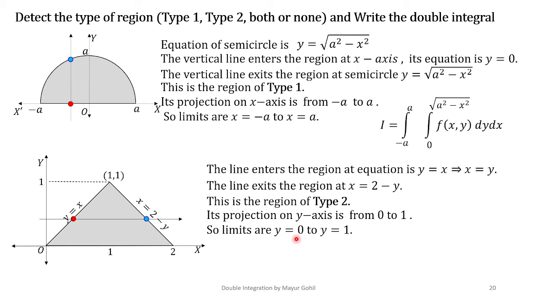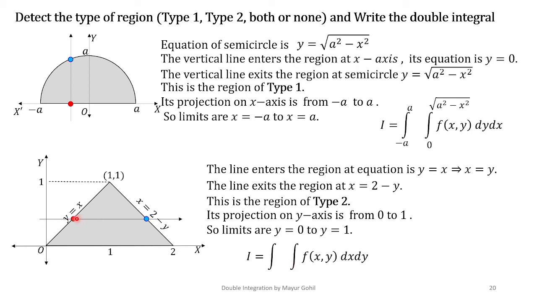Now let us write down the double integral for the same. The double integral is again going to have a general function, but the order is going to change because it is type 2. Since it is type 2, you will have dx dy instead of dy dx. Now the innermost integral will have limits of x.